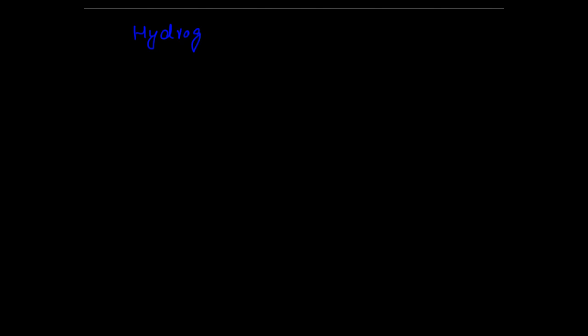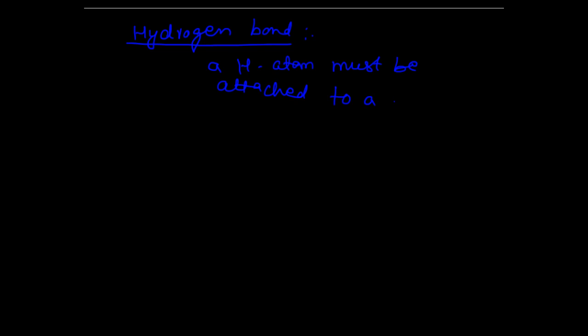Hydrogen bond, as the name suggests, must have something to do with hydrogen. So, hydrogen bond is a type of intermolecular force or intermolecular bond in which a hydrogen atom must be attached to a fluorine, oxygen, or nitrogen atom.